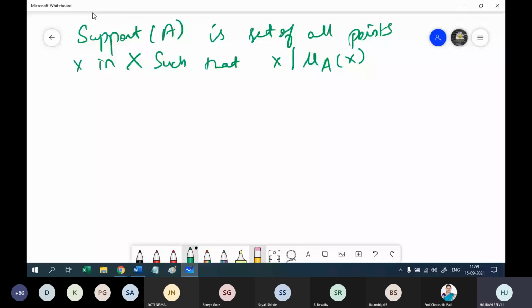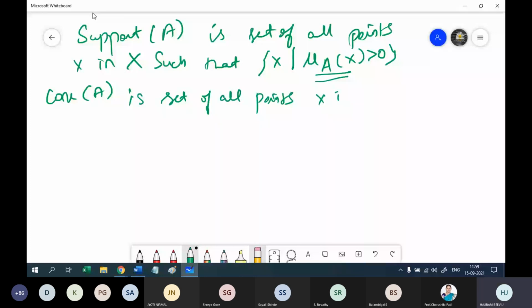So support means we take the points whose membership function is greater than 0. The next one is core. Core is the set of all points x in capital X whose membership value is equal to 1. So if the membership value is equal to 1, it is core.